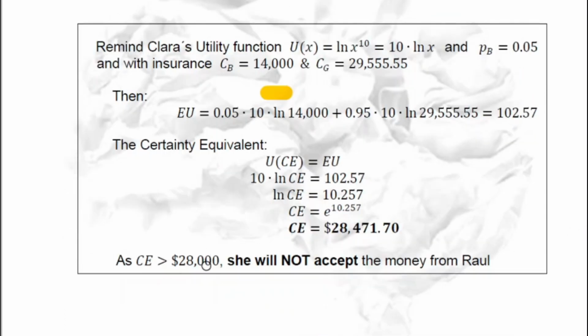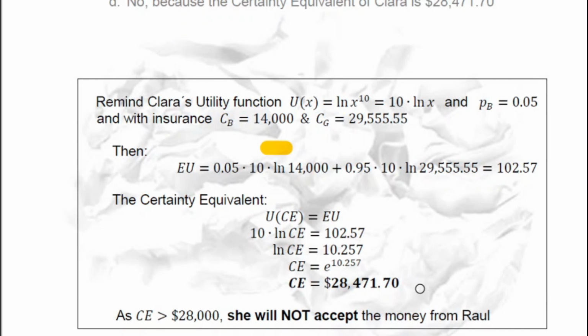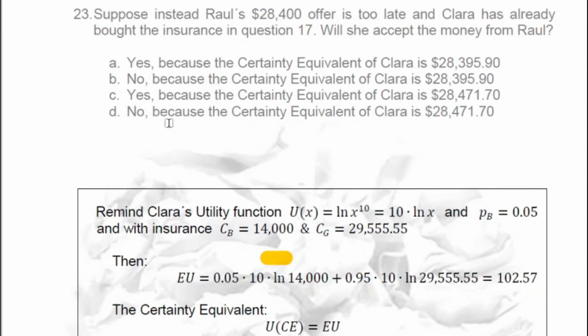The comparison we have to do is with 28,400. So she will not accept the money from Raul, because Raul is offering her 28,400, and the minimum money Clara should accept is this one. So the answer should be this. Well, here you have these 23 questions.